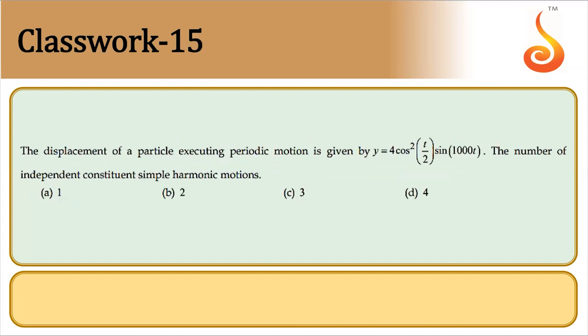Displacement of a particle executing periodic motion is given by y equals 4 cos square t by 2 sin 1000t. Number of independent constituent simple harmonic motions involved is 1, 2, 3, 4.